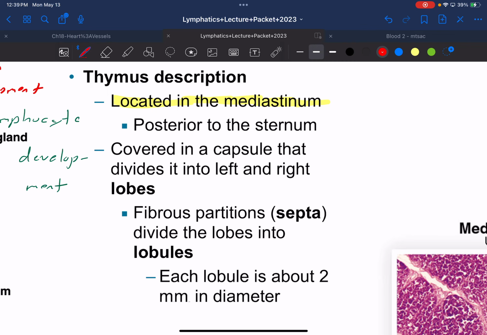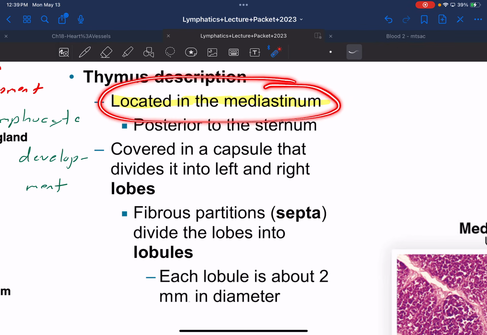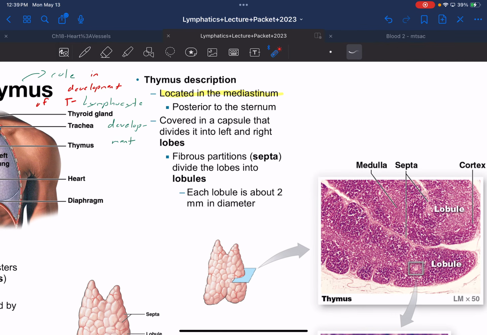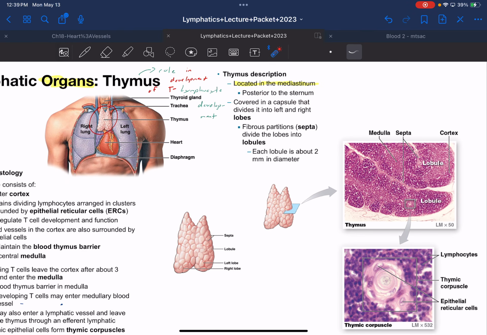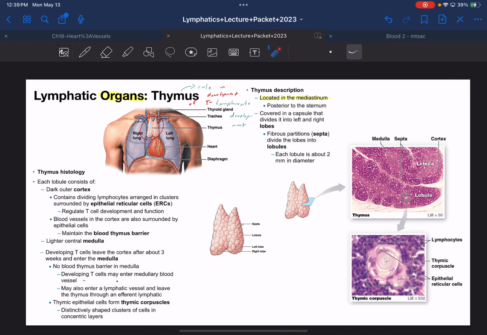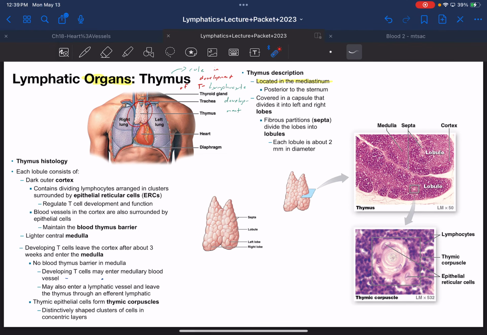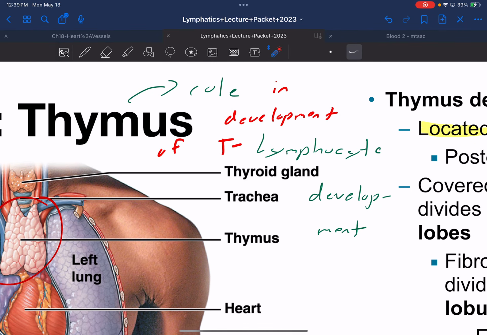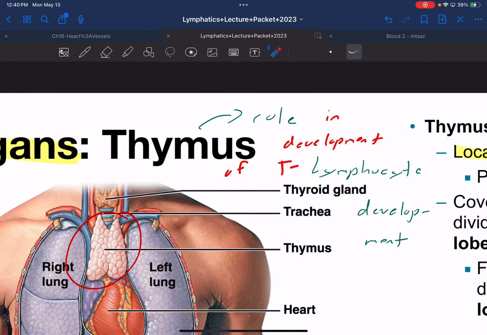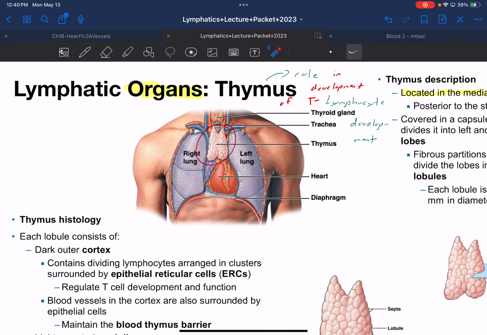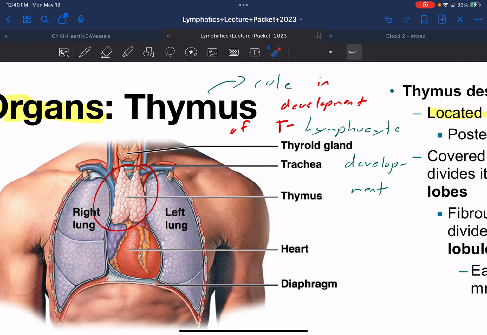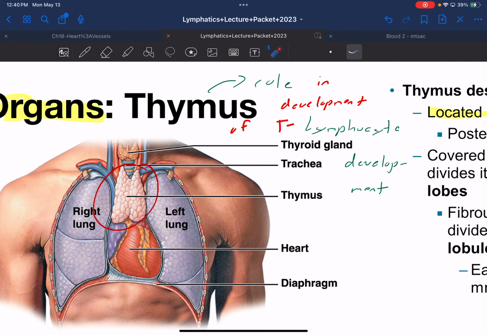Located in the mediastinum. This will help you in lab. And the good news is that that's all you need. We're not going to do histology. Anatomy 35 will go through that. But otherwise, lymphatic organs of thymus play a role in T lymphocyte development.